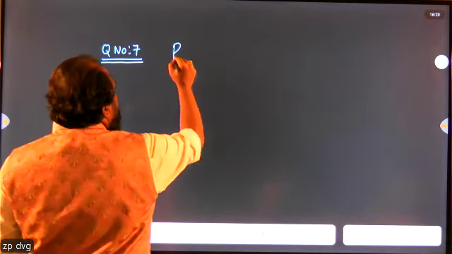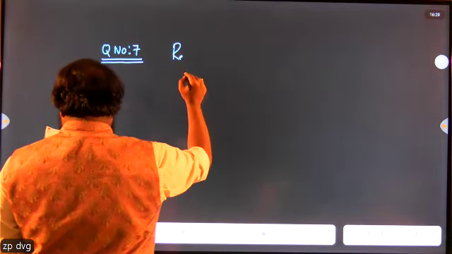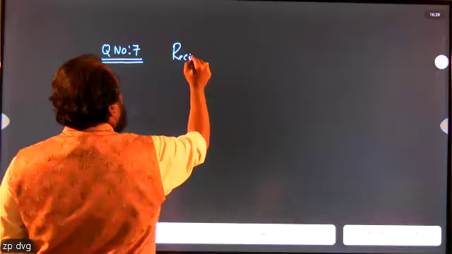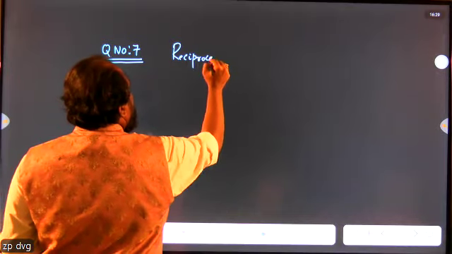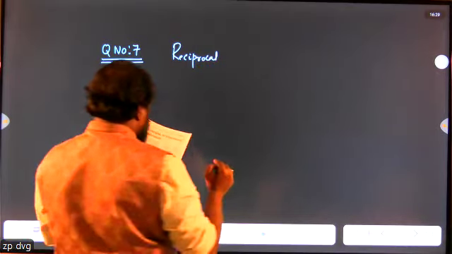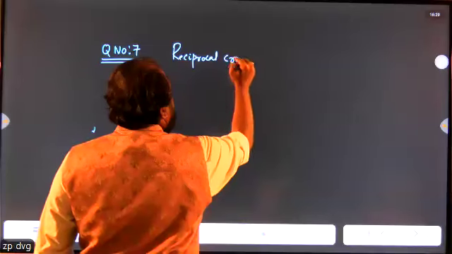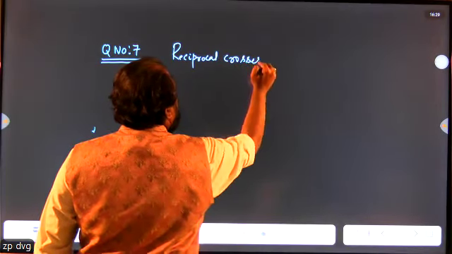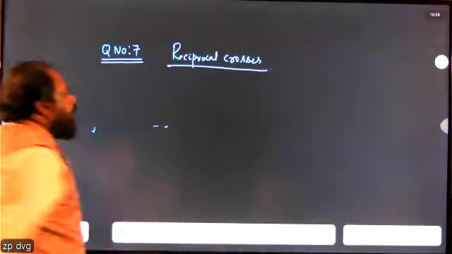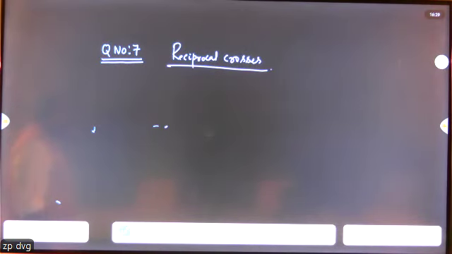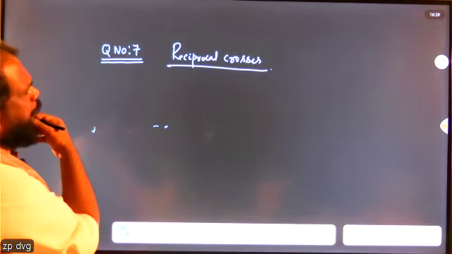From that, he concluded that... Here the keyword is reciprocal process. Now, what is this reciprocal process?